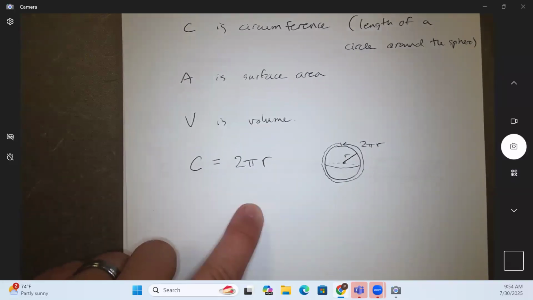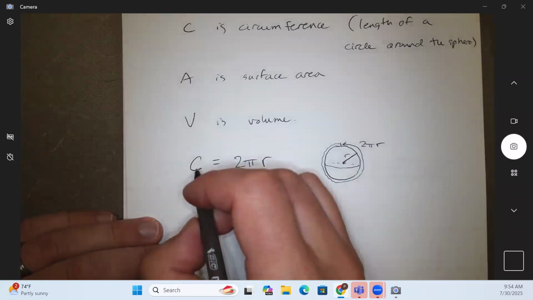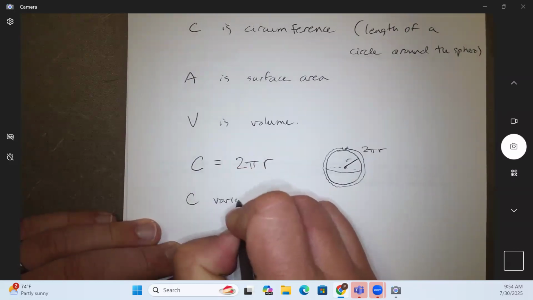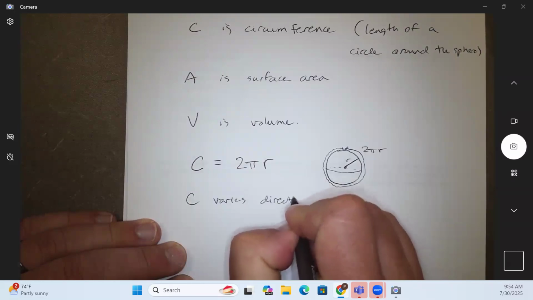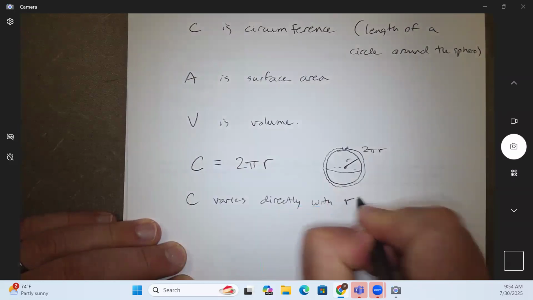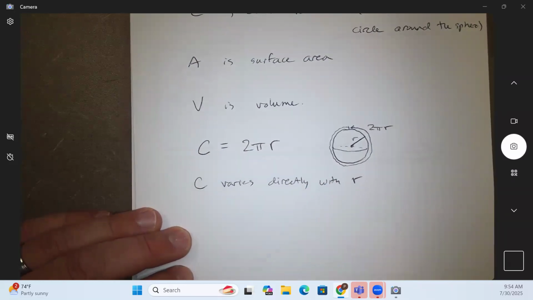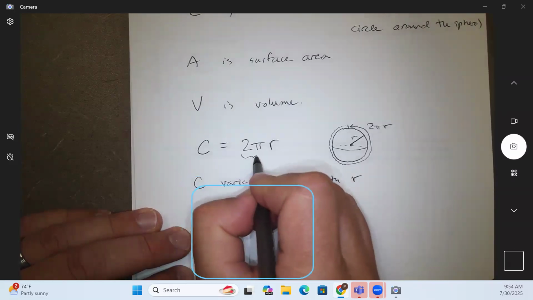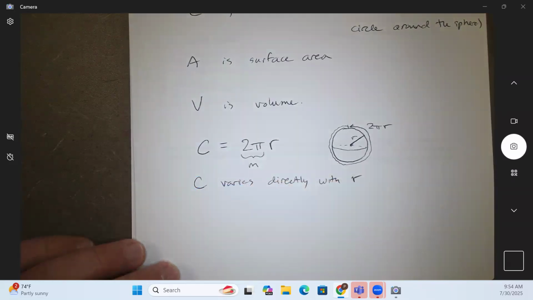This is directly proportional, right? C varies directly with r. Because that 2 pi right there, that's like your m. 6.28 something.